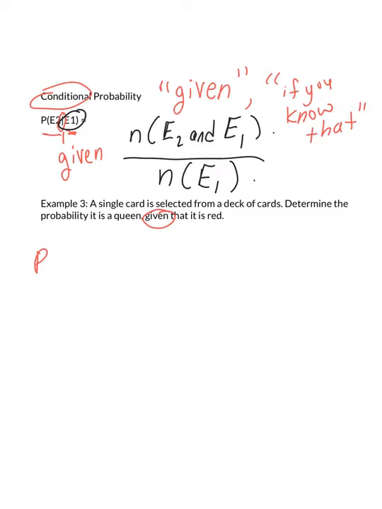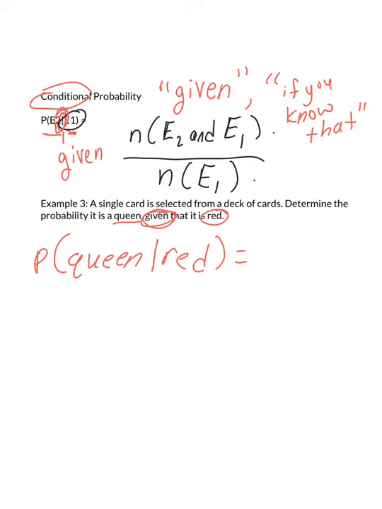So I'm looking for the probability of getting a queen card. The way that I notation-wise have the word "given" is using that vertical bar. So I draw one vertical bar, given that it is a red card.